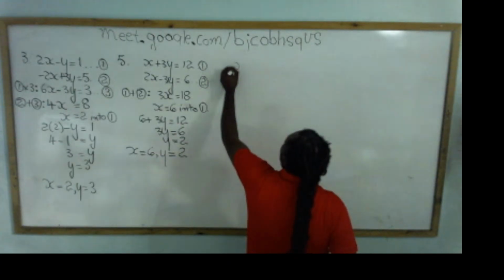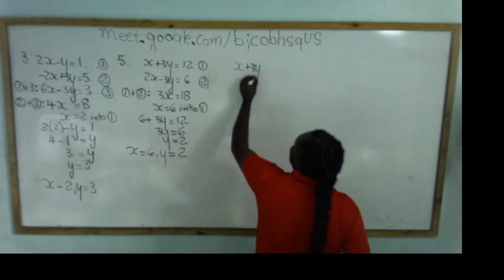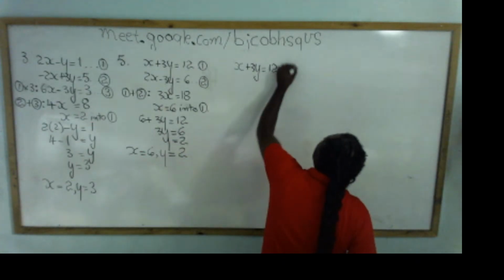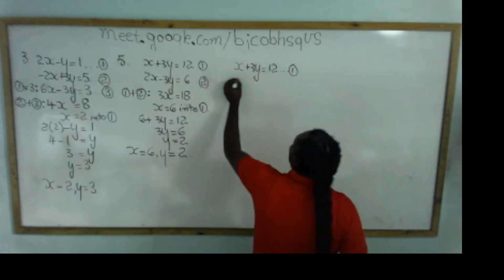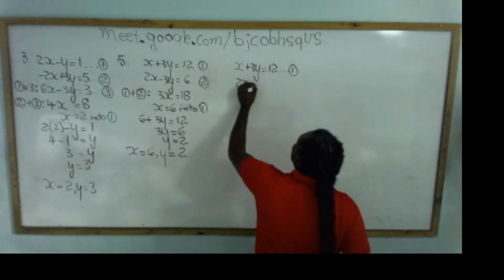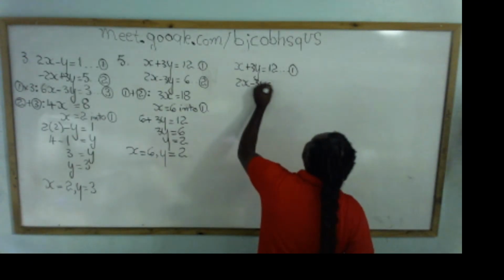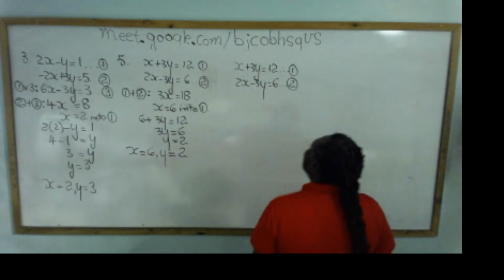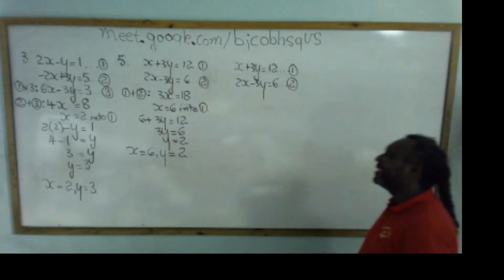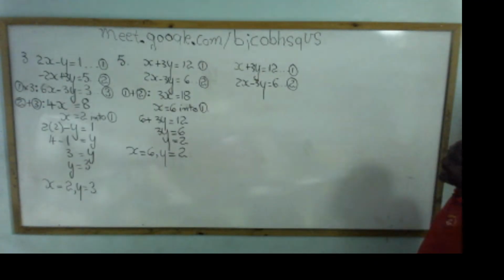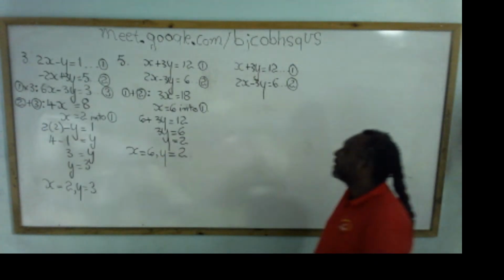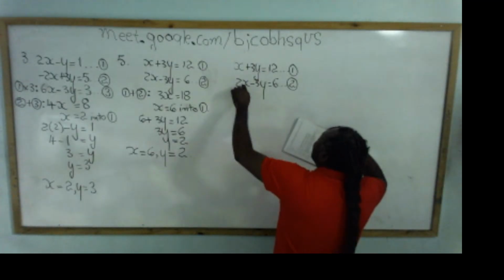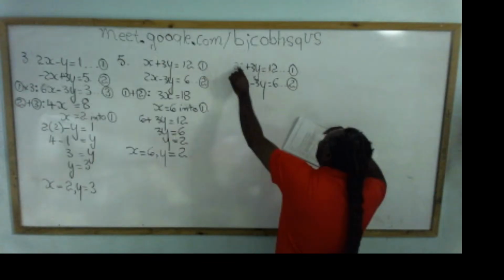x plus 3y is equal to 12, and that is your equation 1. 2x minus 3y is equal to 6, and that is equation 2. Right. Of course, we can do another take on it. All we need to do is multiply this, get a 2 here. We have a 2x there. Let's get a 2 here just by multiplying equation 1 by 2.